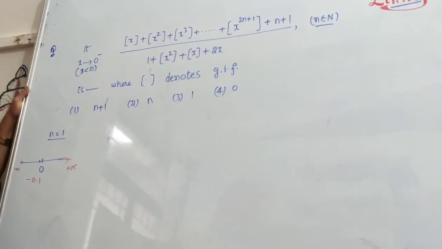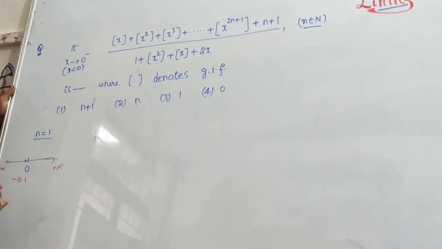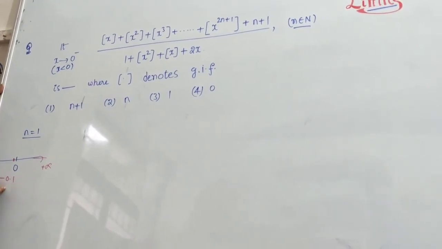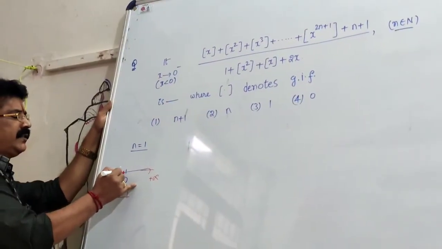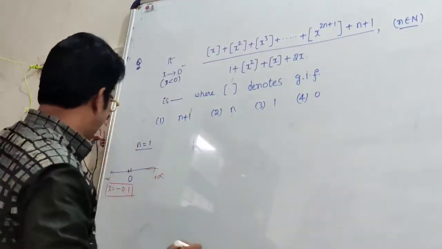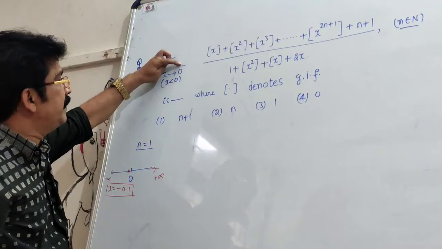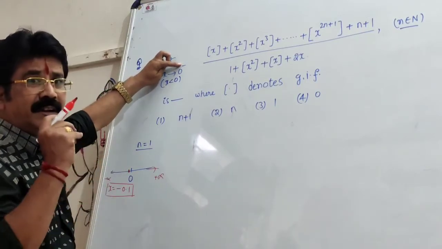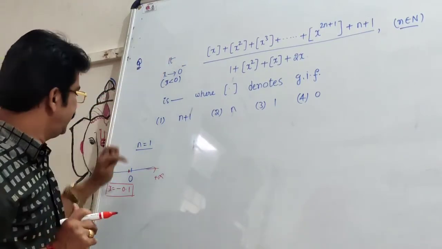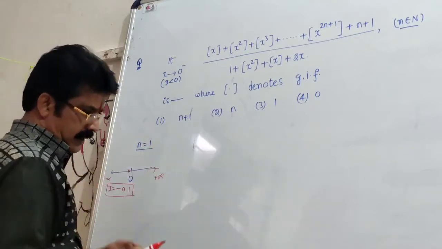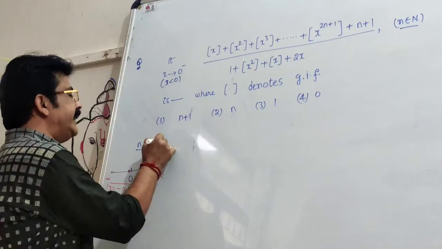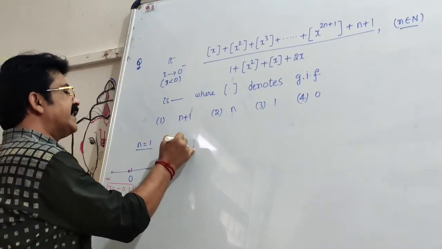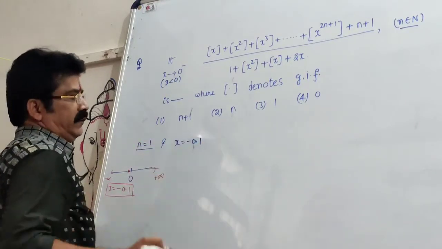That's why, for mathematical convenience, I took x equal to minus 0.1, means just near the left hand side, because this problem is the discussion of left hand limit. That's why I took it like that. So therefore n equal to 1 and x equal to minus 0.1.